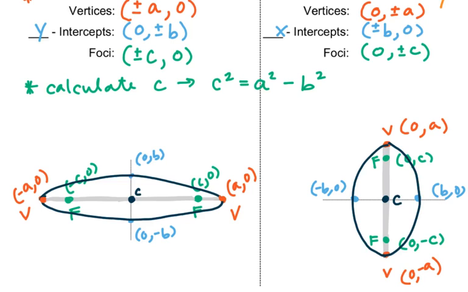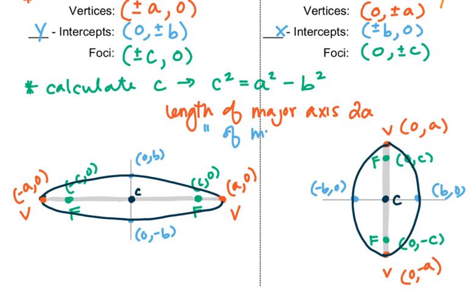So one thing for us to note, which I didn't note for these, is that the length of the major axis is 2a, and the length of the minor axis is always going to be 2b, that smaller number. So b is the distance off of that center.